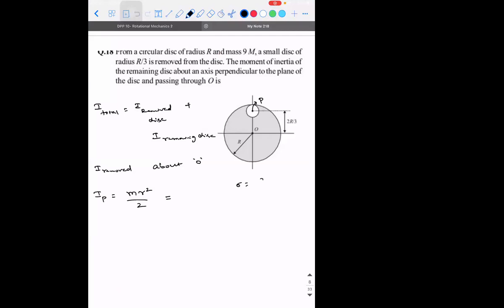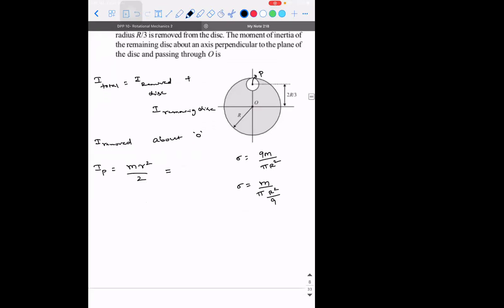Surface density. Yes. So can I say sigma is equal to 9m divided by pi r square? The sigma of the smaller disk will be small m divided by pi into how much is the radius of the removed disk? R by 3. So it will be pi into r square by 9.